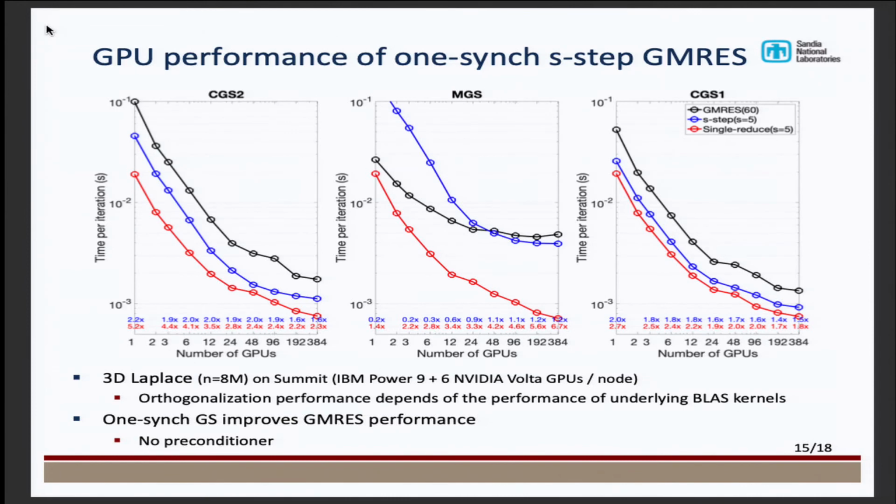For example, if we look at modified Gram-Schmidt, this s-step is running much slower than standard GMRES. This is because the cuBLAS version of GEMM that I used wasn't quite optimized for this tall, skinny shape. But as you increase the number of GPUs, you start to see the benefit of avoiding some of the communications here. We clearly see this single reduce version has much nicer scalability, even for the classical Gram-Schmidt versions.